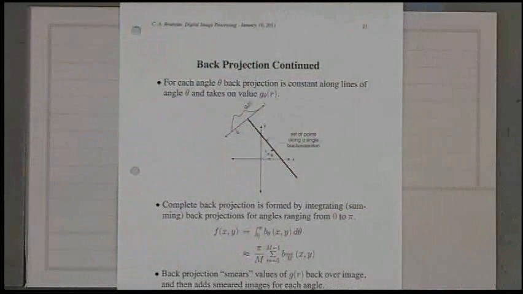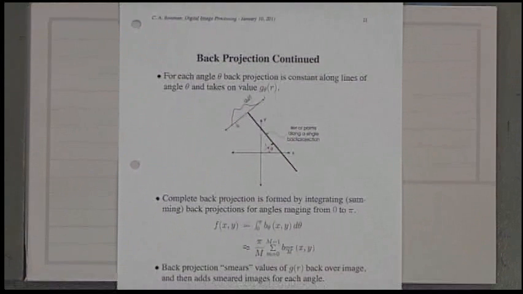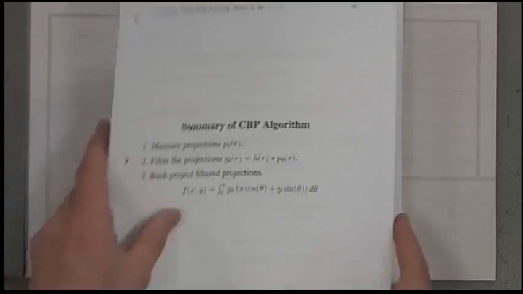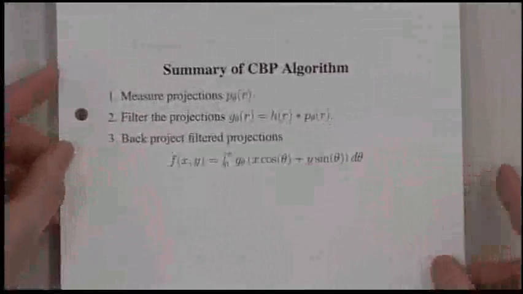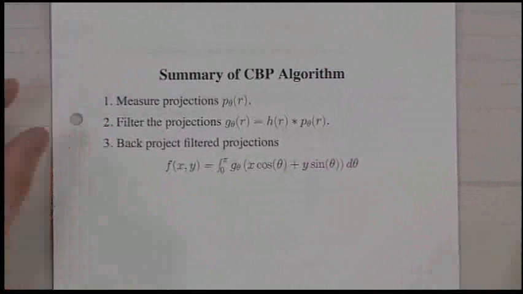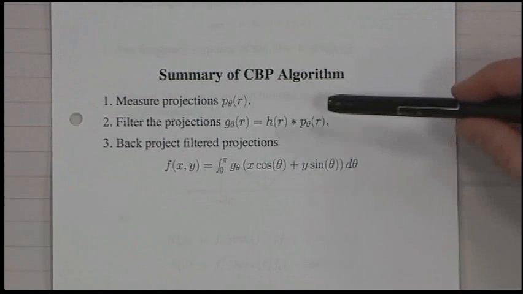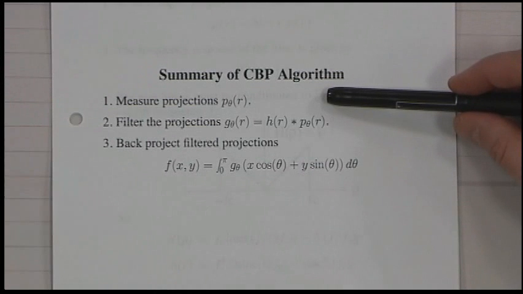So let me just actually back up a little bit more to review the algorithm. It's just to get you thinking about what was covered in the last lecture. So the convolution back projection algorithm basically has three steps. The first step is you measure the projections.